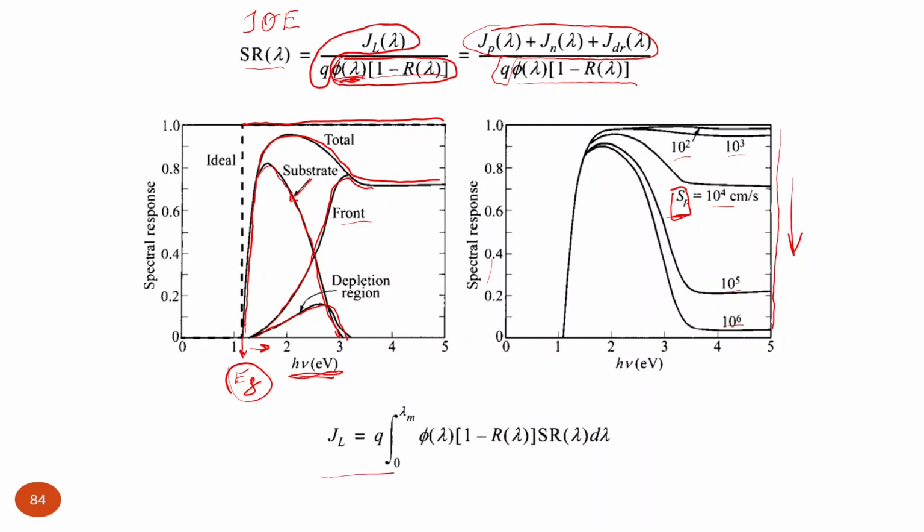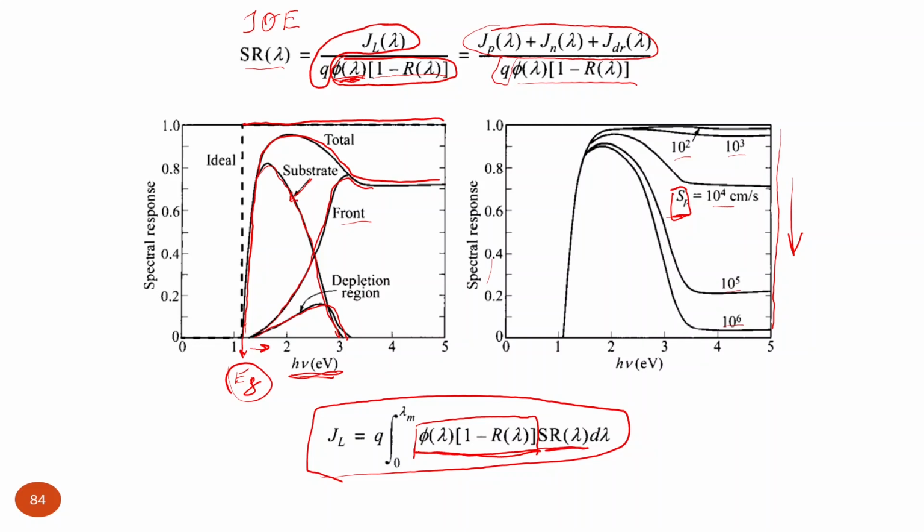And that's why we come back here again to this expression for photocurrent of the solar cell. That's the product of absorbed photons per given wavelength per time per square area, times this internal quantum efficiency, the spectral response, and that is per wavelength.